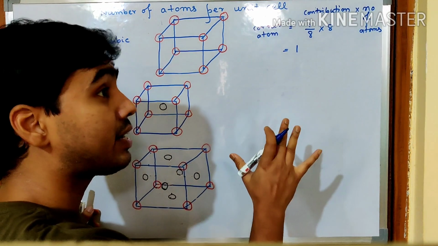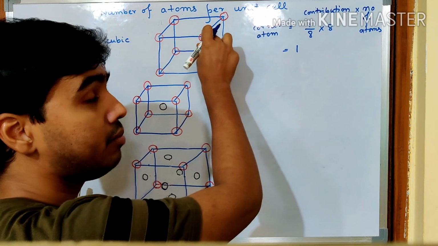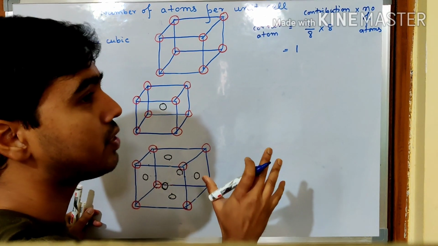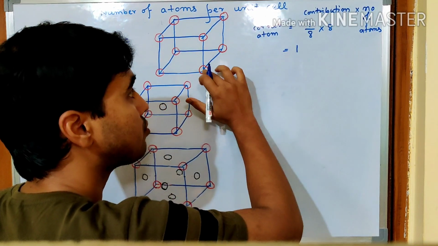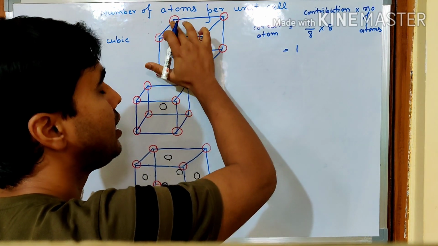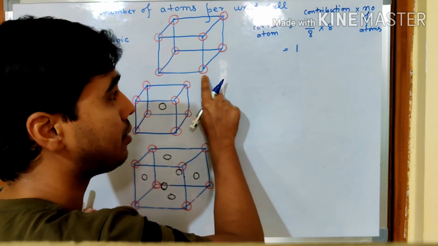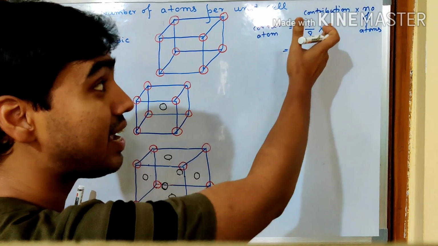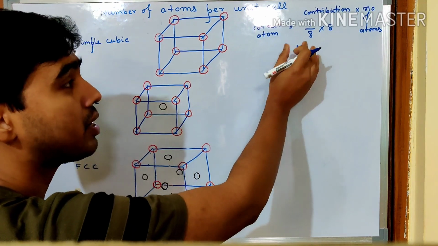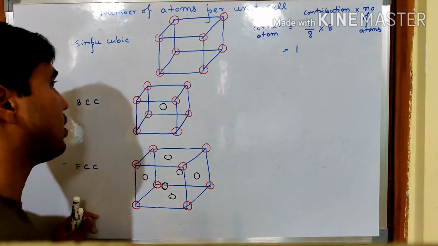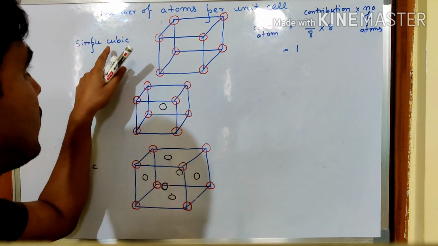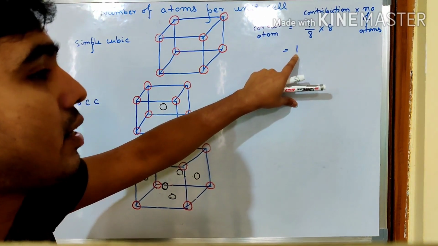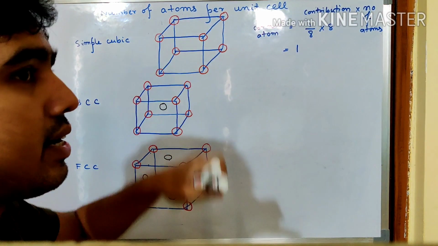That means effectively the volume of one atom is actually within the unit cell. Let me specify it once again. There are a total of 8 atoms, 1, 2, 3, 4, 5, 6, 7, 8. But each individual atom contributes only 1/8 of its volume. And since there are 8 atoms, the total becomes 1 by 8 into 8, which is 1. There are no other atoms. So for simple cubic, it is the volume of one atom which is actually within, although there are 8 atoms.